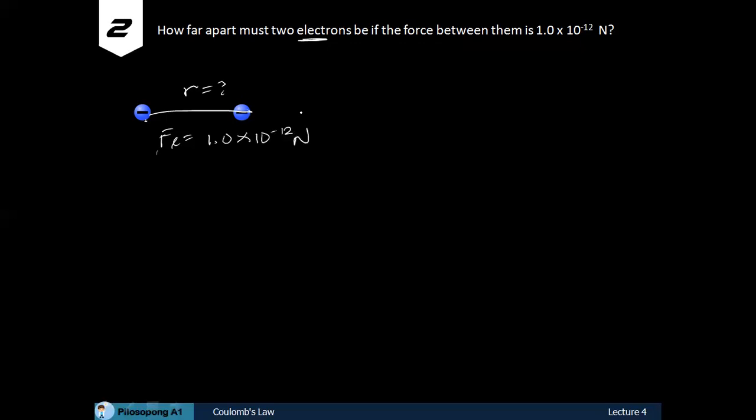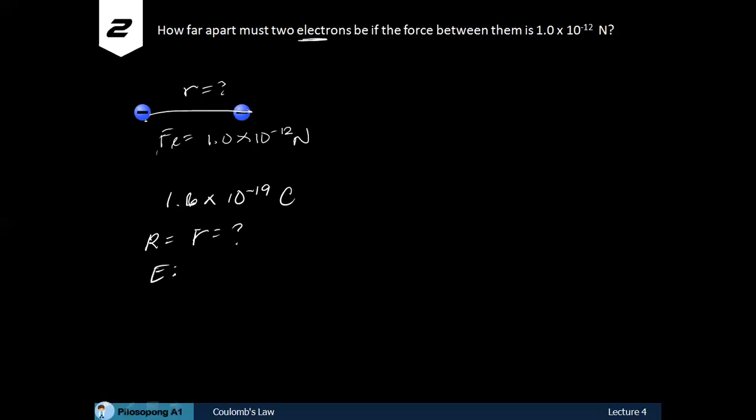So what is the value of the electrons? Since the simplest and smallest unit of elementary charge is 1.6 times 10 raised to negative 19 Coulomb, we'll use it as the value of the two electrons. So we now have our given, and we are required to look for the value of R.